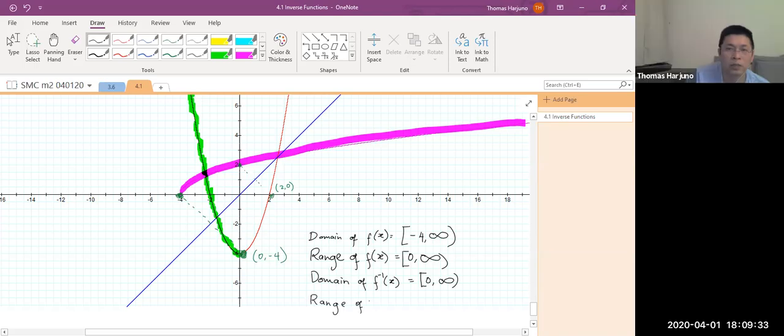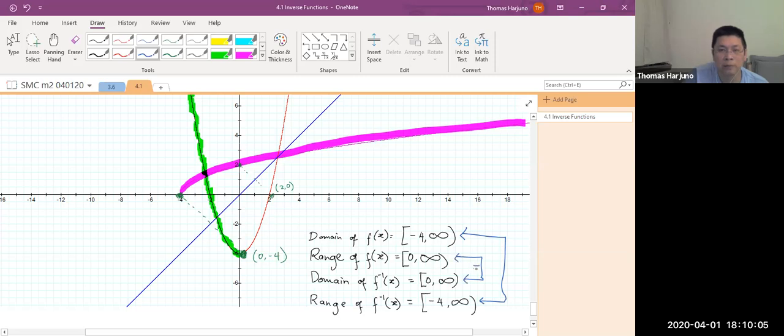Now, I hope this emphasizes the concept I said earlier that when we swap x and y, the domain becomes the range and the range becomes the domain. Take a look here: the domain of the function relates to the range of the inverse, while the range of the function relates to the domain of the inverse.